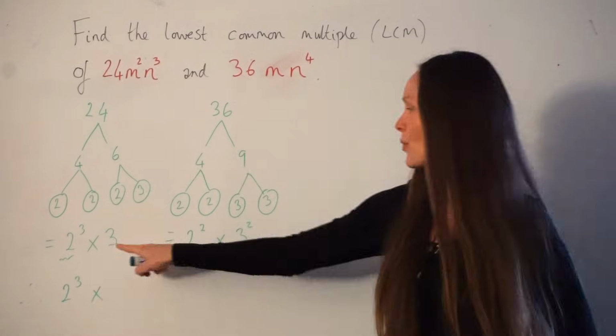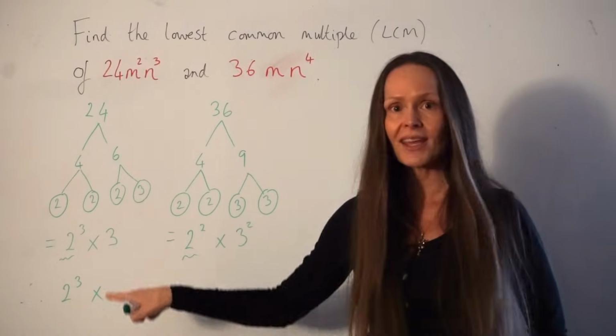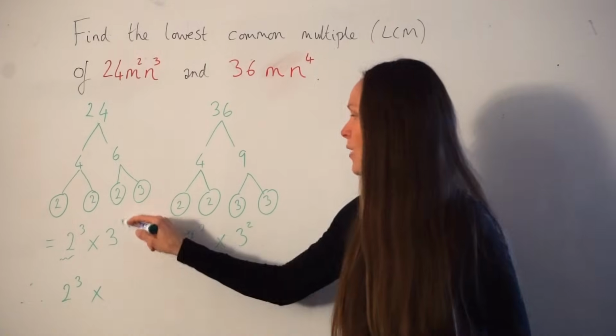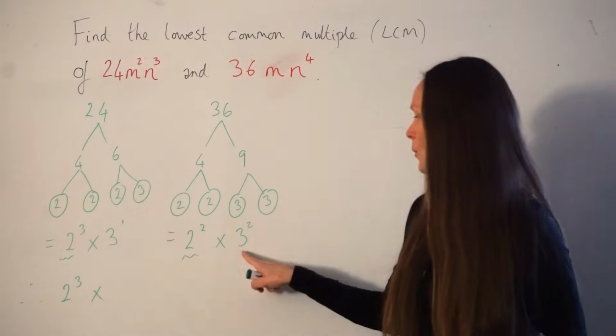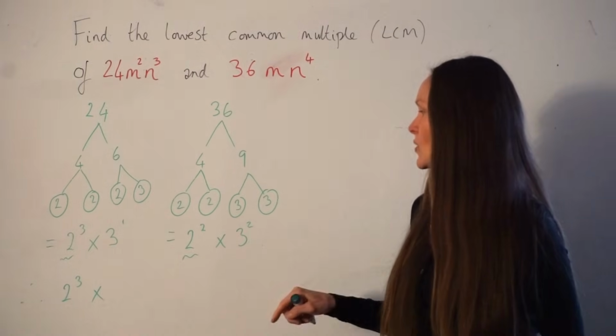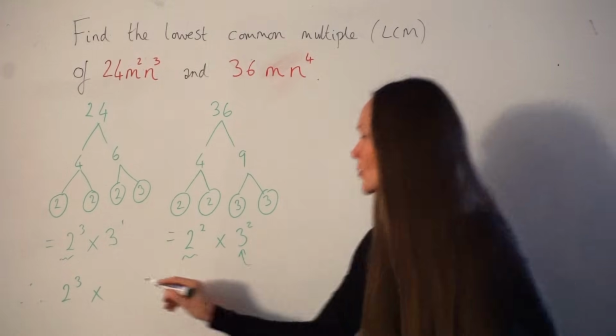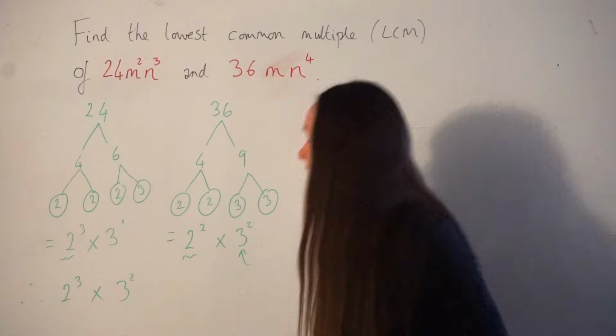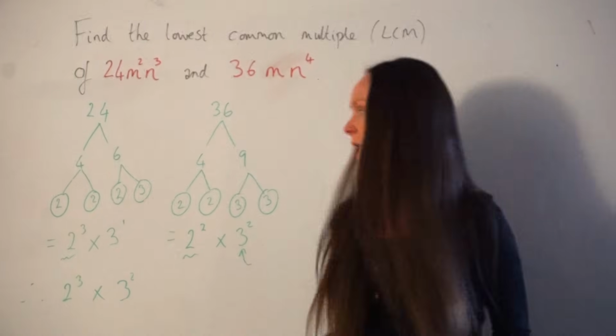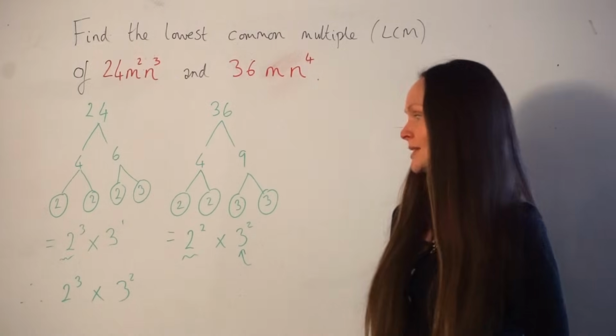Next, we have the number 3. Here we've just got 3, which is the same thing as 3 to the power of 1, and we're comparing it with 3 squared. The highest power when you compare the two is 3 squared. So remember, to work out the LCM, you take the highest powers and you multiply them together.